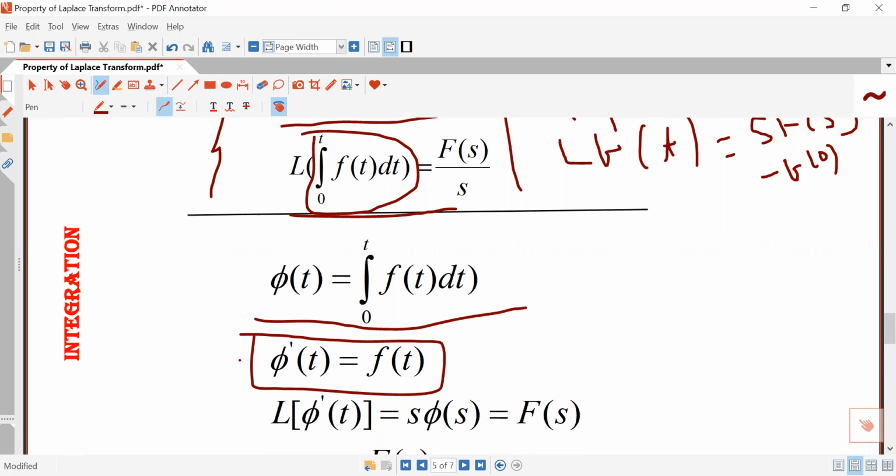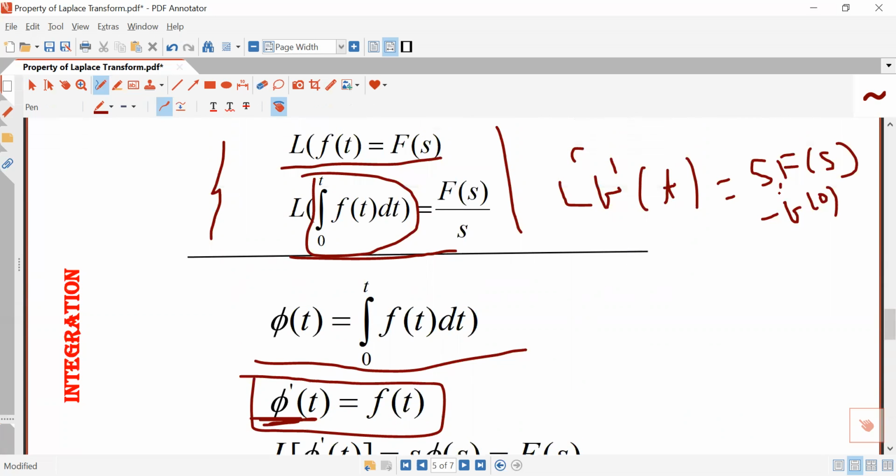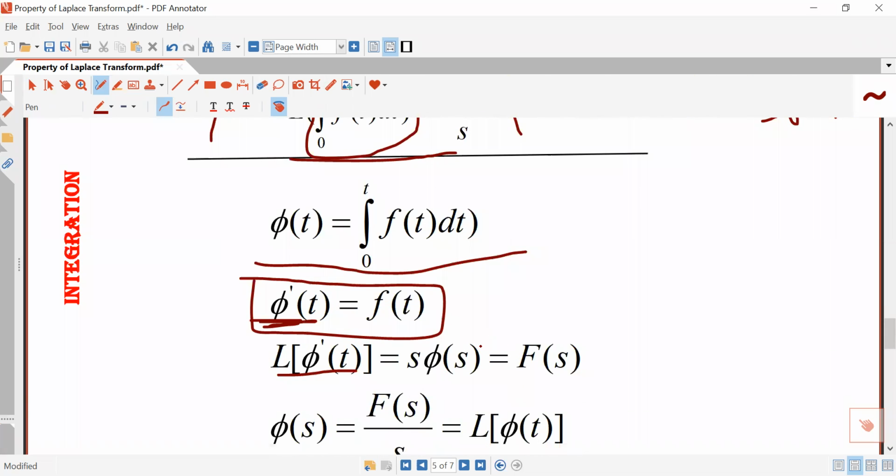And what will be the Laplace transform of differentiation? What will be the Laplace transform of this? Laplace transform of this will be equal to s phi(s) according to this property. Minus phi(0) is also here. But in this derivation, I have assumed this is equal to 0. So I have considered Laplace transform of phi dash t is equal to s phi(s).